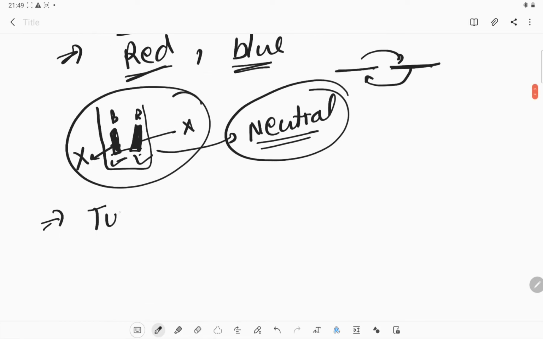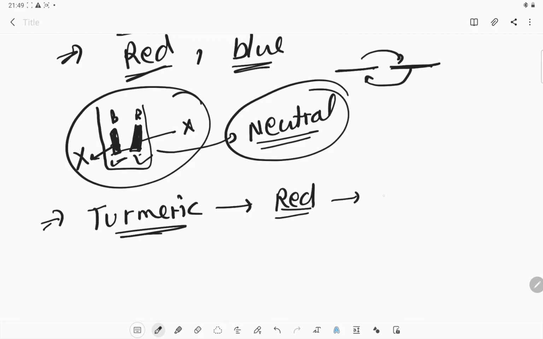What else? An indicator like turmeric. Turmeric is also a very good natural indicator, and we find it in every kitchen. It turns red whenever it comes in contact with soap.